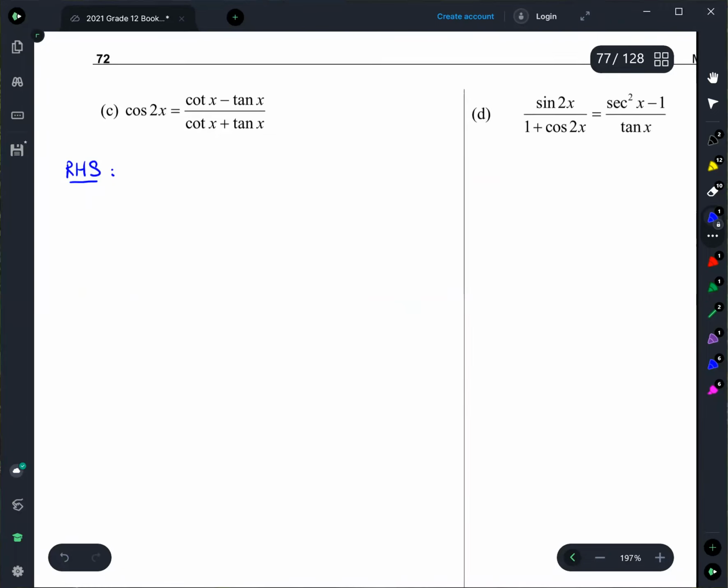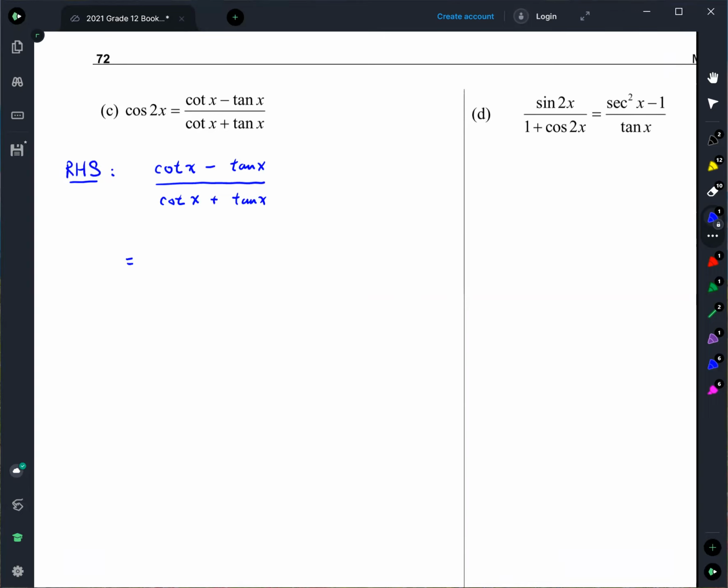I'm just going to copy this one more time: cotangent, tangent, cotangent plus tangent. Just go as far as you can. If you get stuck, then raise your hand.